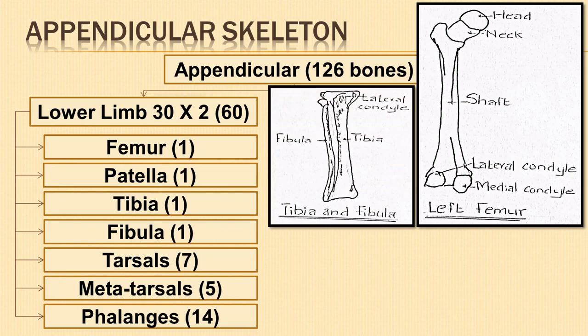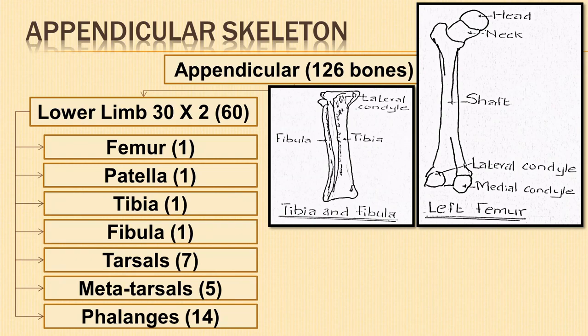Tibia and fibula, or leg bones, also called shin bones, articulate with each other both proximally and distally. Tibia is the inner, longer, thicker bone. Fibula is the thinnest outer bone of the human body.